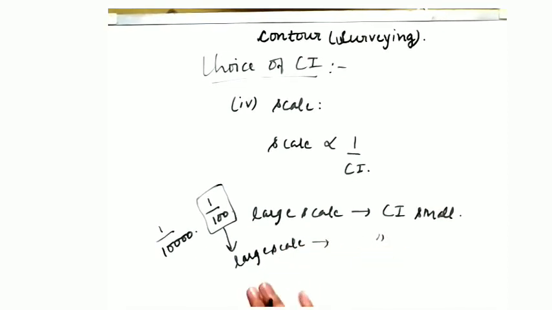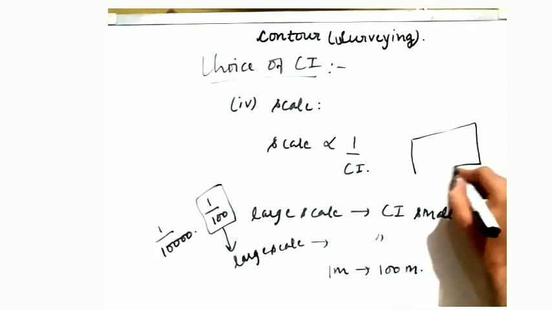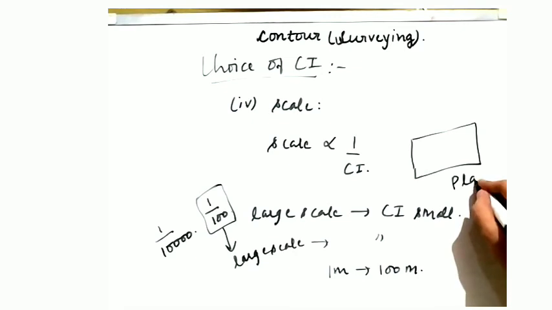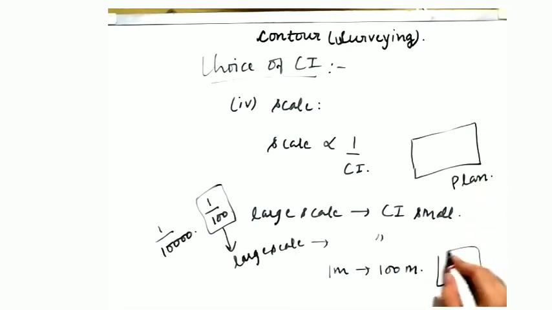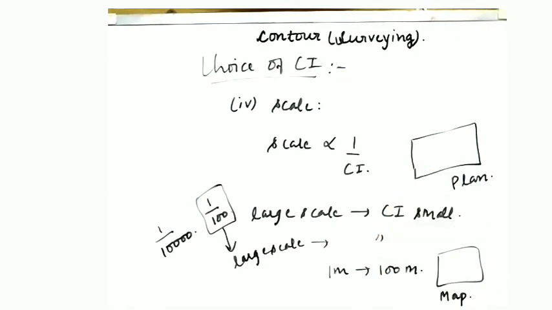Why so? You are representing 100 meters by 1 meter. That means you have very large scale. Suppose you are preparing a plan of a residential building. In a map, since you are locating countries and continents, the scale will be small, whereas in this plan you are just locating your residential building.